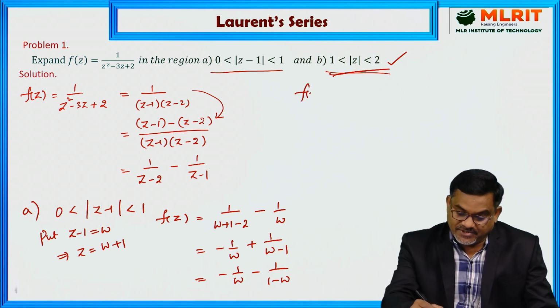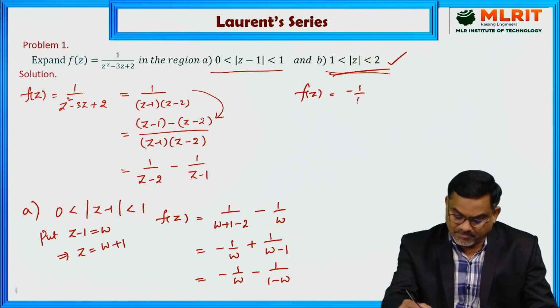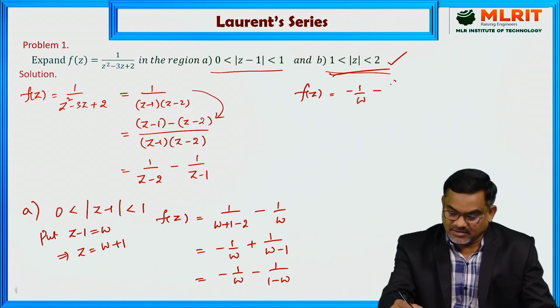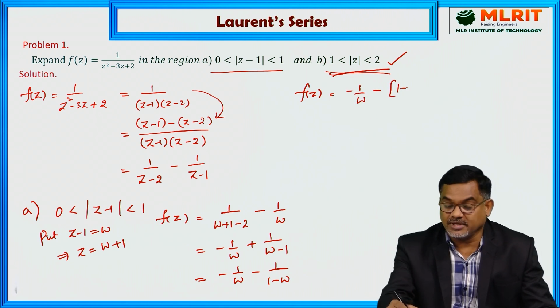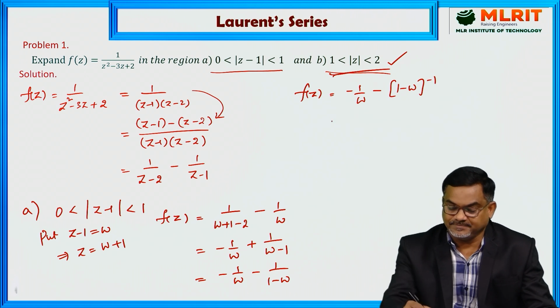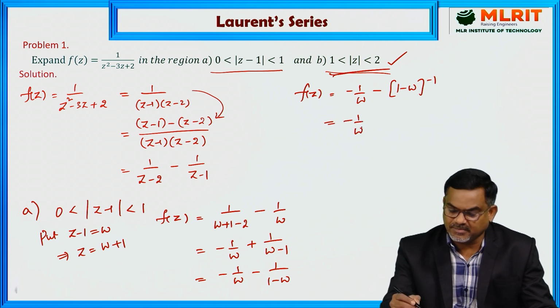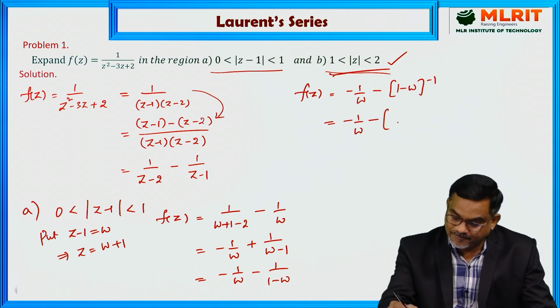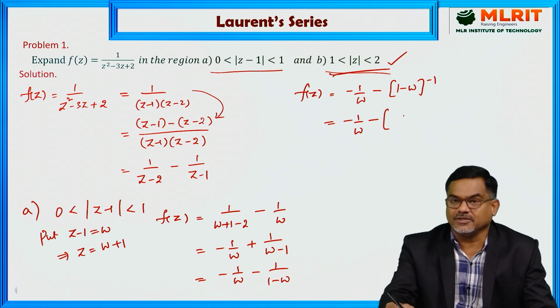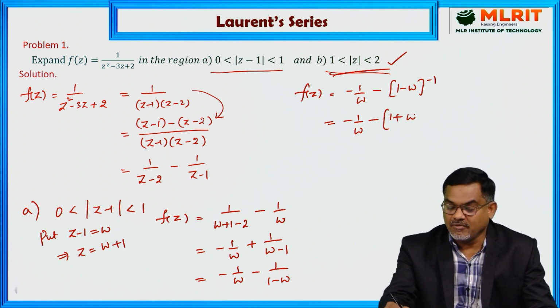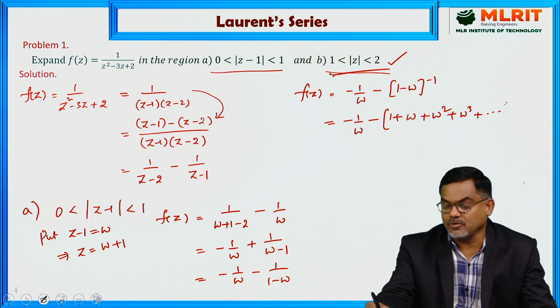So, f of z is equal to minus 1 by w minus 1 by (1 minus w), which can be written as (1 minus w) to the power minus 1. Using the known expansion, this is 1 plus w plus w square plus w cube plus so on.